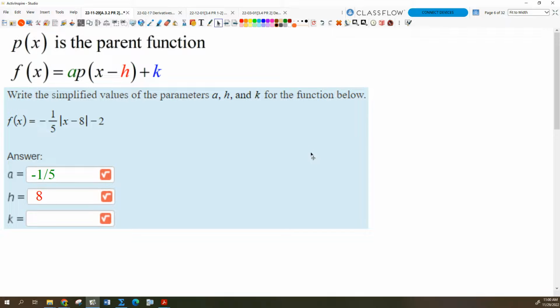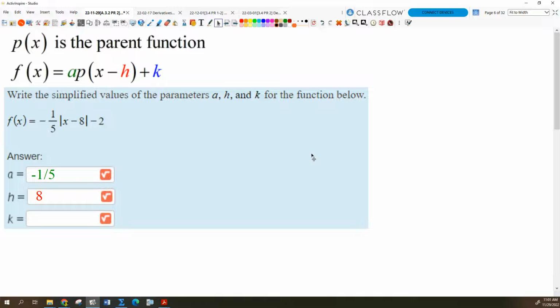Just remember this, h is the number that's being subtracted from x. So whatever the operation is that's connecting x to that number, the sign of h is always going to be the opposite of that, right? So if it's x minus something, then that means h is positive. If it's x plus something, then that means h is negative.